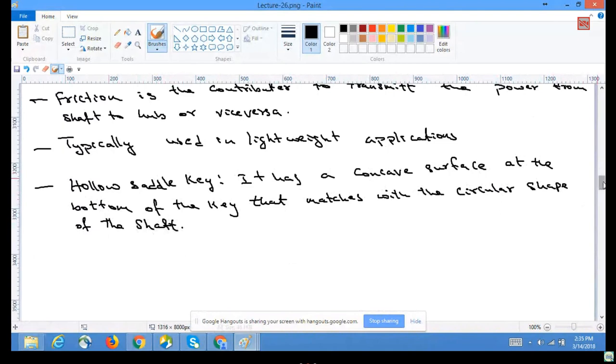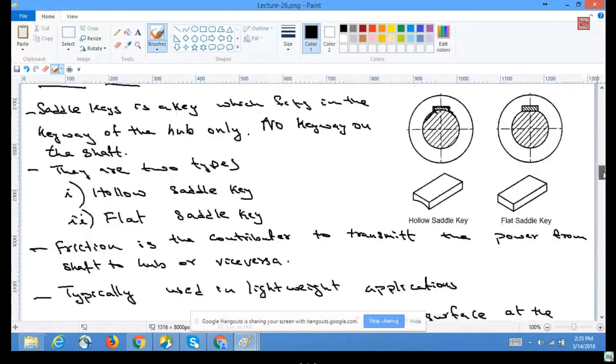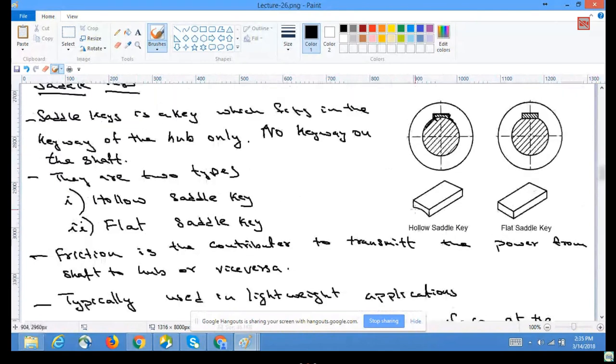Like in this case, this circular shape matches with the circular shape of the shaft.